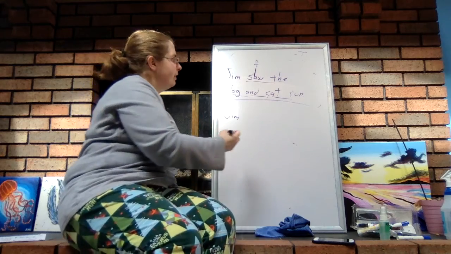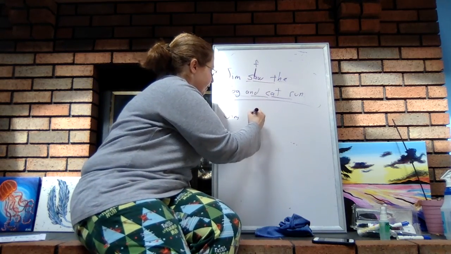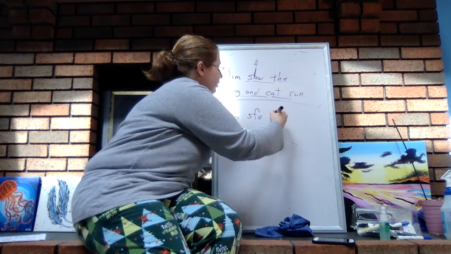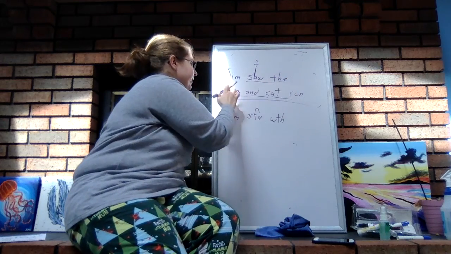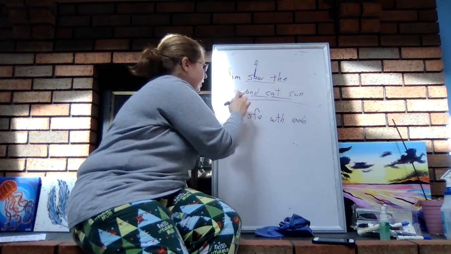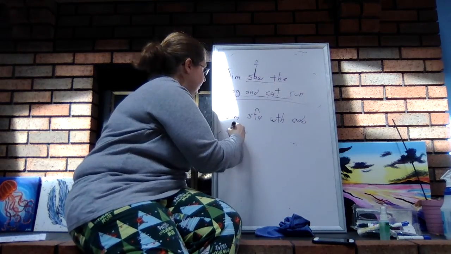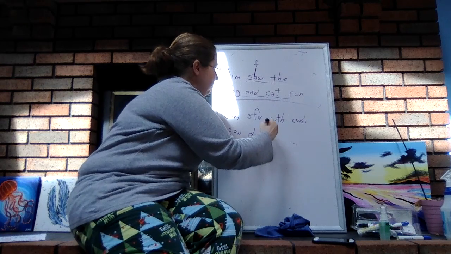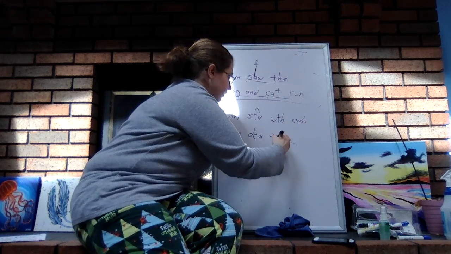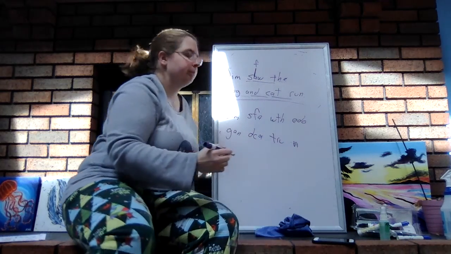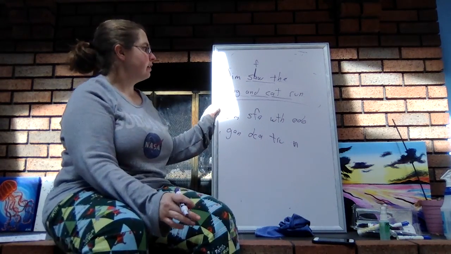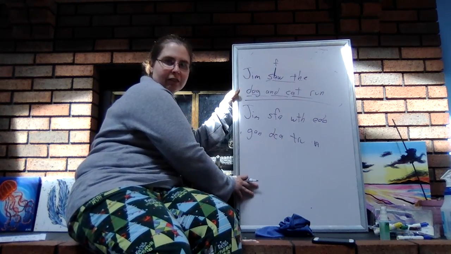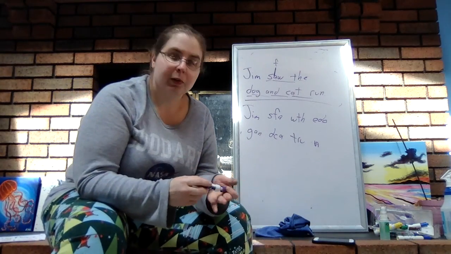So we added an F. So now we have Jim, SAF, WTH, EDO, GAN, DCA, TRU, and a lonely little N at the end. Again, we went from something that made sense to something that did not make sense. And that's what we're talking about with frameshift mutations.